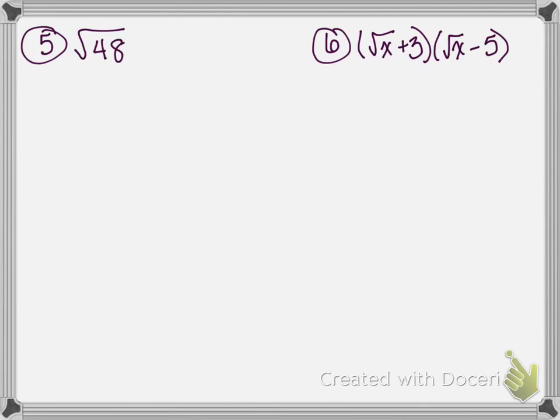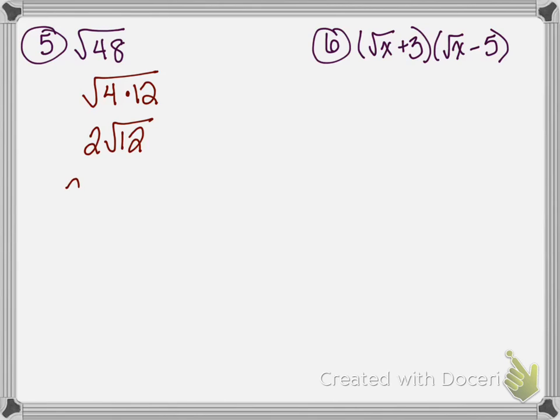Number 5 is the square root of 48. Now, what students almost always do with the square root of 48 is they do 4 times 12, because 4 is a perfect square. And that is correct. What's the square root of 4? 2. And so students will do 2 times the square root of 12. The problem is there's a perfect square inside 12.